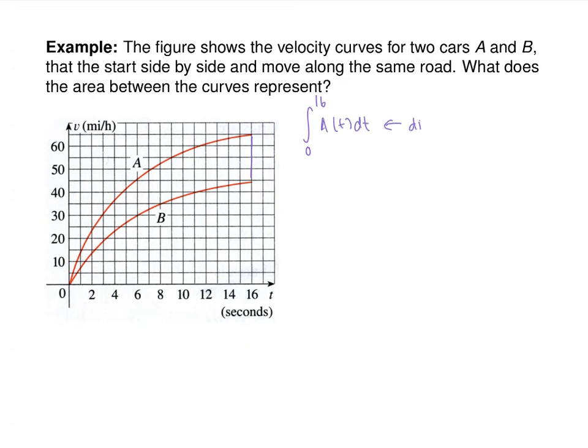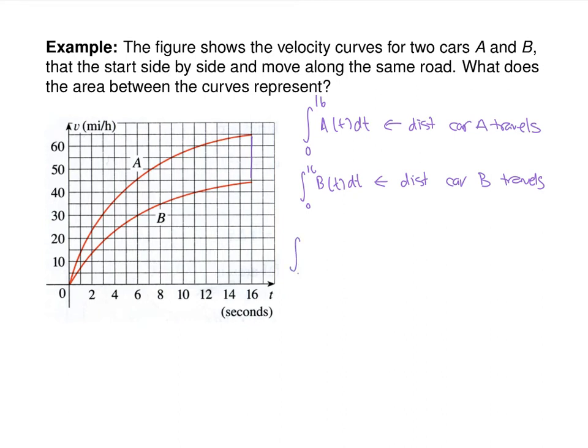That's the distance that car A travels. The integral from 0 to 16 of B is the distance car B travels. So since the area underneath the A curve is greater, that means car A traveled farther than car B does.